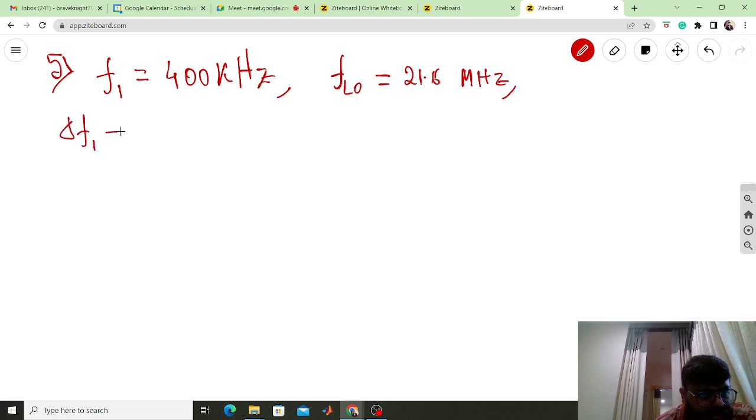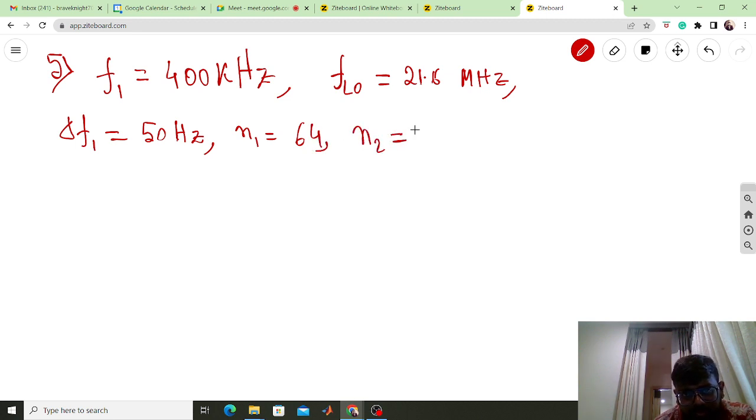Del F1 is equal to 50 hertz. N1 is 64, N2 is 128. So these parameters will be required to solve this question.